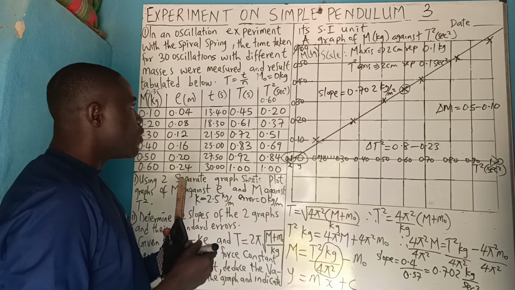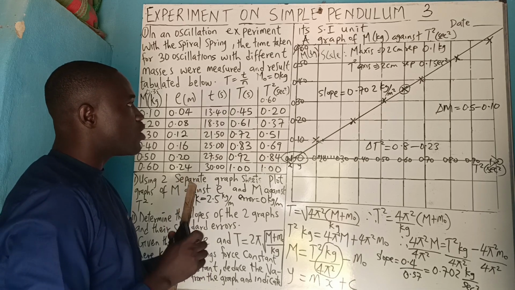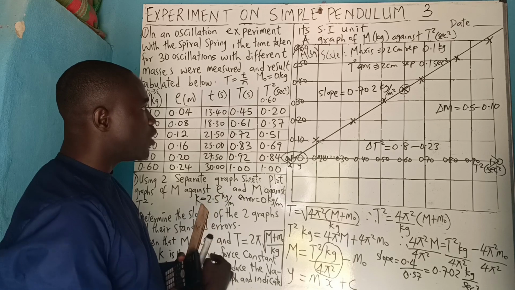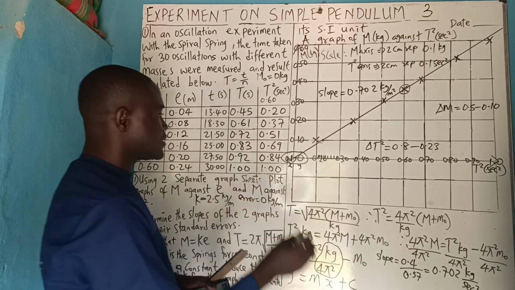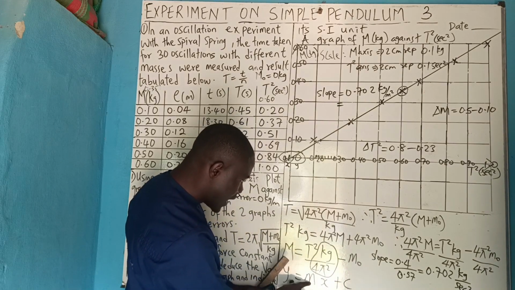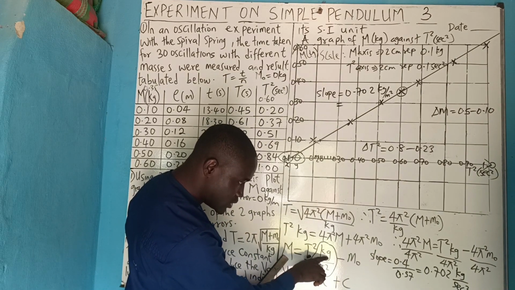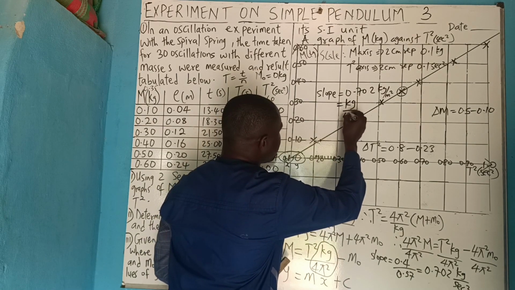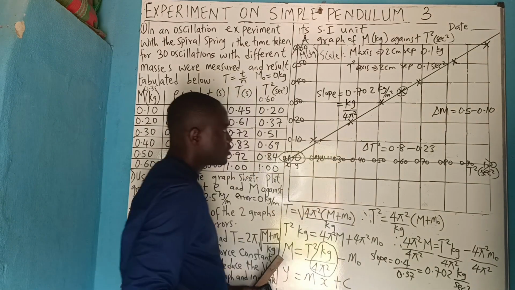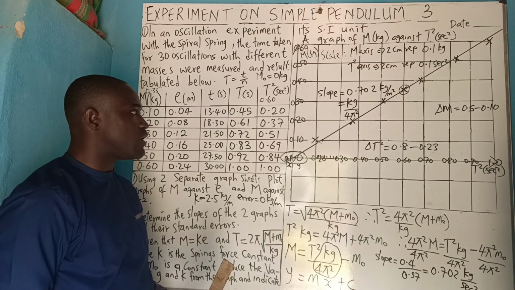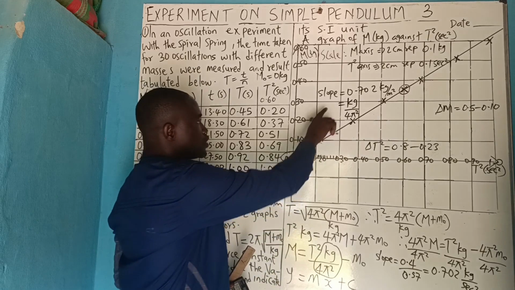Then we want to get the error in that slope. But remember, don't forget that this slope is equivalent to k over 4 pi squared. 0.702 is equal to k over 4 pi squared. That is the point we need to note.